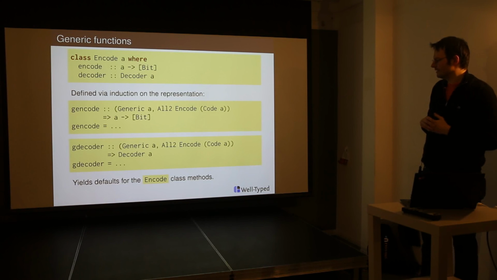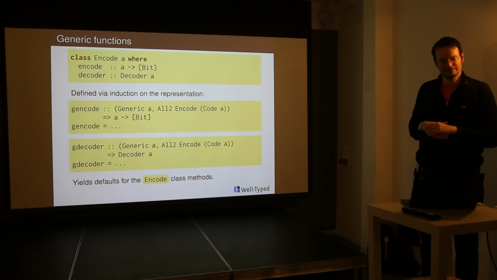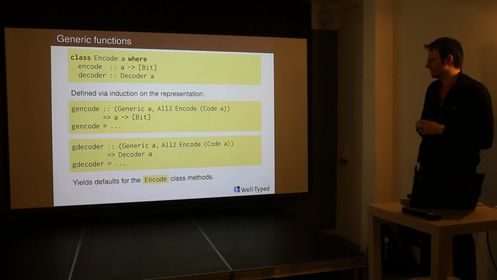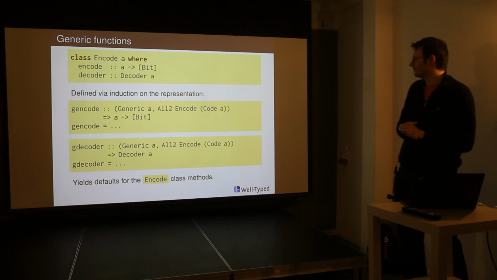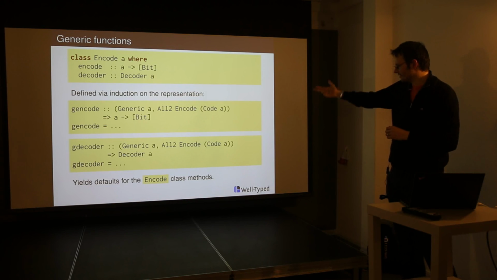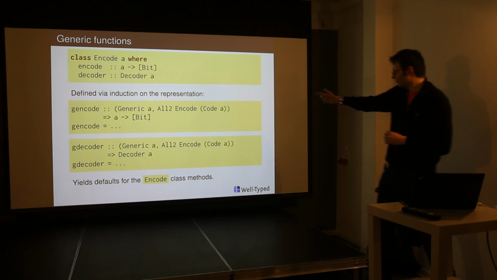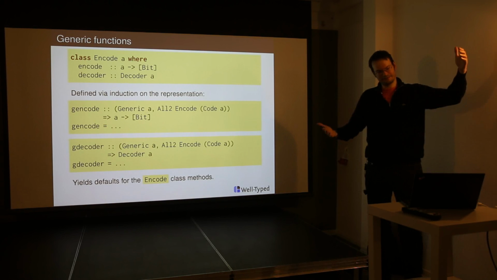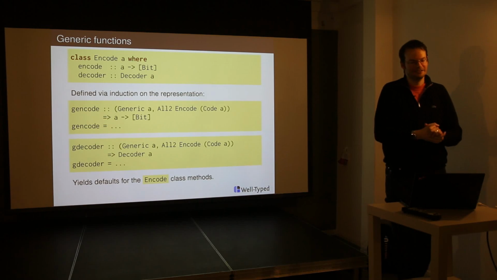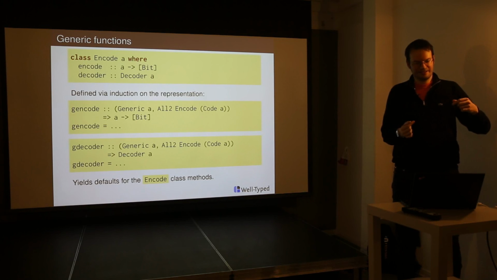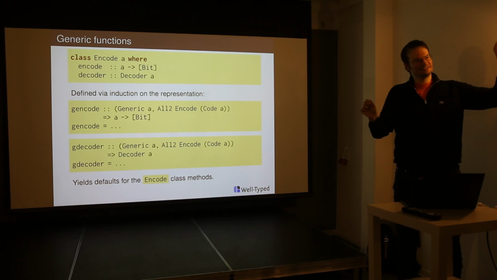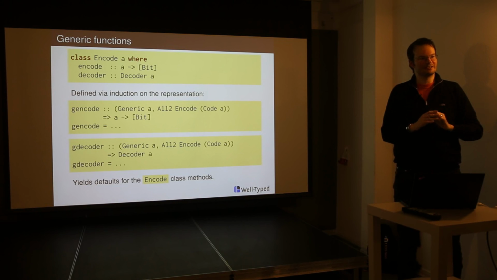All2 is another type-level function that computes a constraint over a type-level list of types. Code of A is a matrix of types, and All2 says that every element that occurs in this matrix has to be in this class.